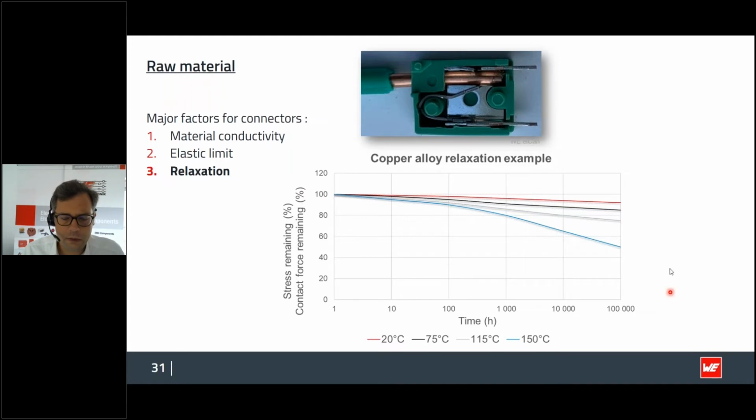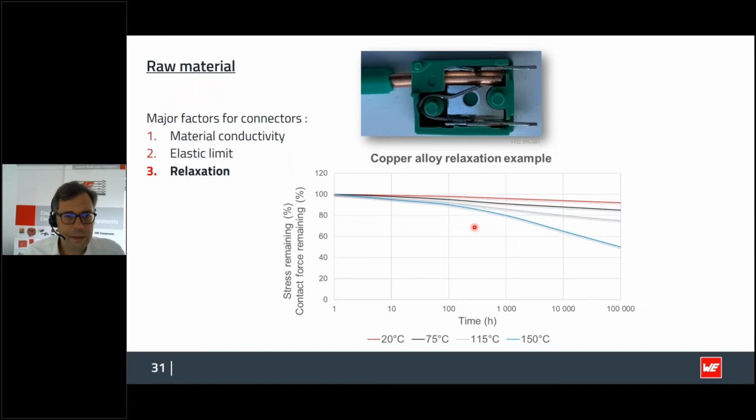So first, the base material is delivered on reels. It's a flat material, and during the punching process, the contact gets formed.